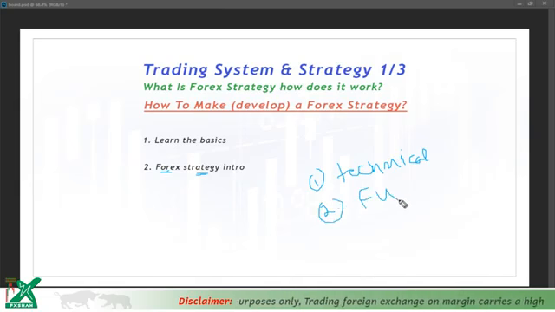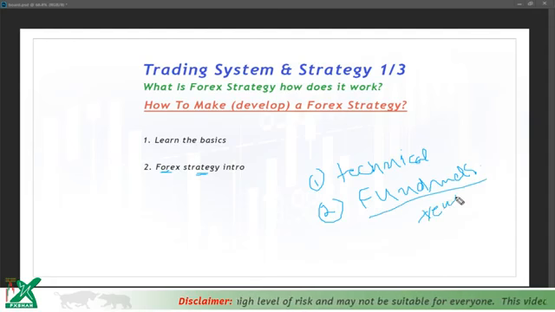So strategies can be fundamentals, which can be used for news trading. So fundamental is news trading.